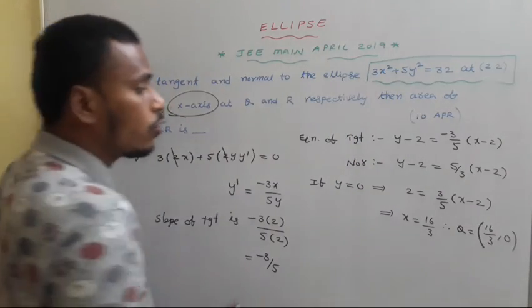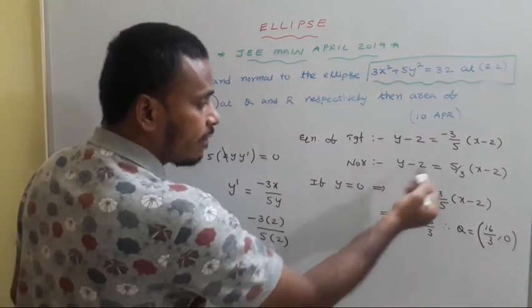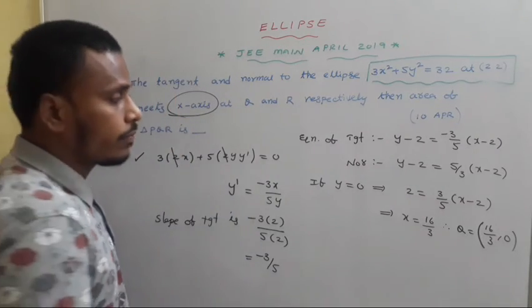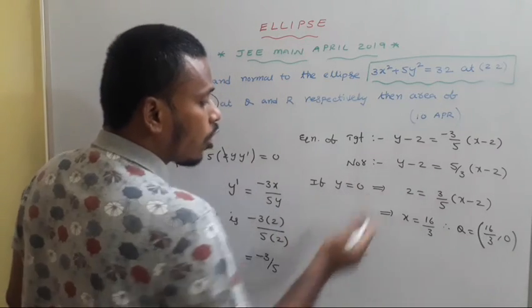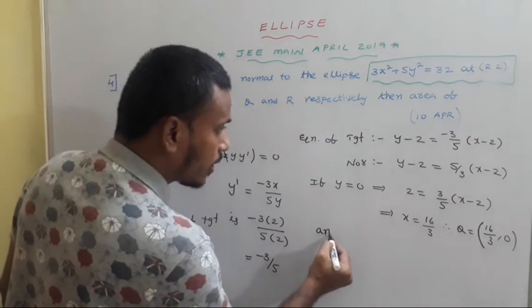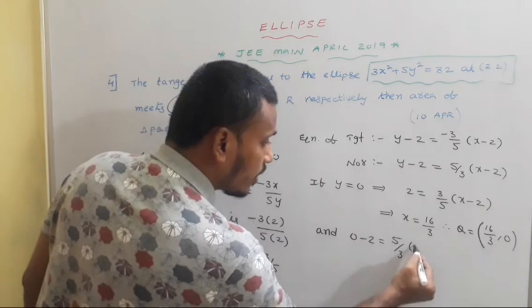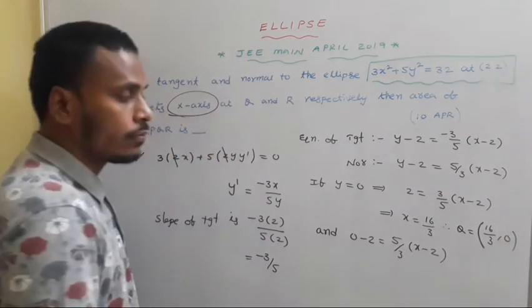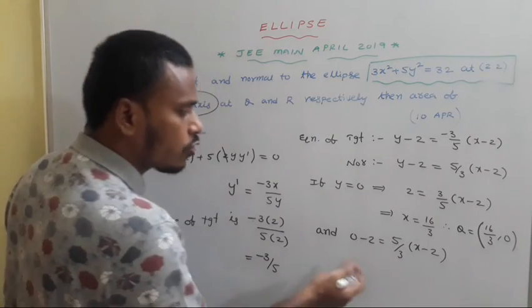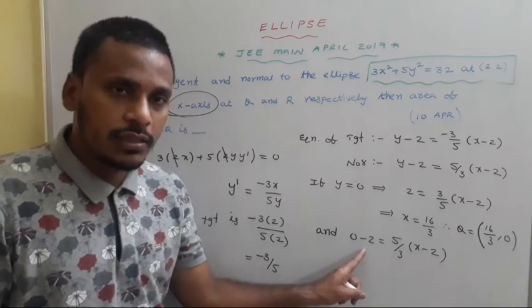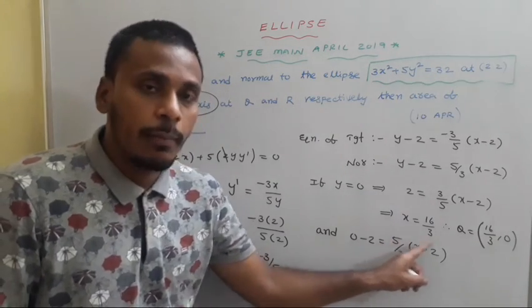In the same way we need to get the coordinates of R. Replacing y with 0 in the normal equation, 0 minus 2 equals 5 by 3 into x minus 2. 0 minus 2 is simply minus 2, then this is minus 6 equals 5x minus 10.